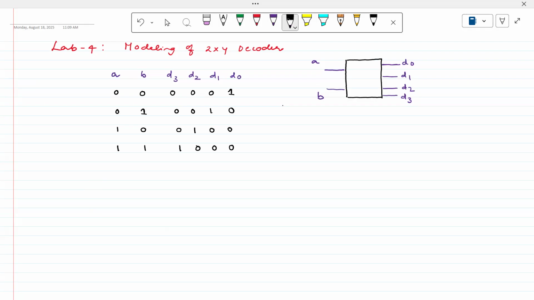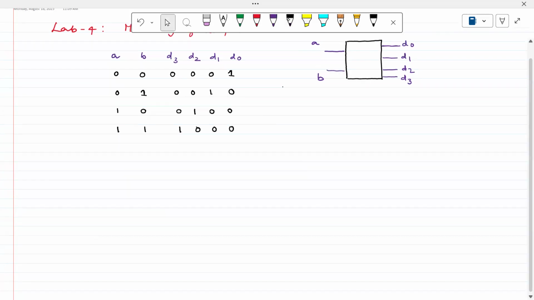What are the mathematical equations to get the hardware for this one? As you know, if you want to get this minterm, this is what the input is responsible for, okay? Let me write that equation.